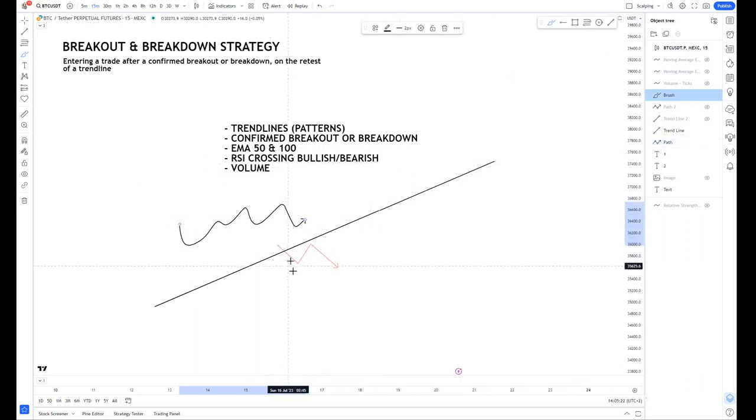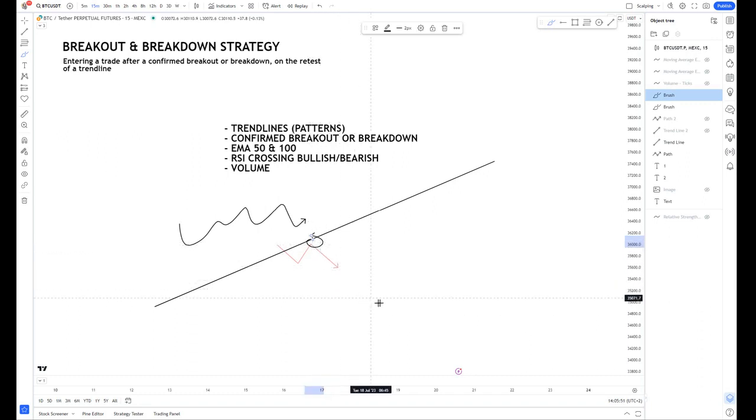It would look like this. So you would want to see price move down through the trend line, which means it is a breakdown. Then you want to see a confirmation close below the trend line, and then you want to see a retest. And a retest, that's the point where we would be entering a trade. So most of the time you would see a bearish retest of the trend line, and then you will see continuation down.